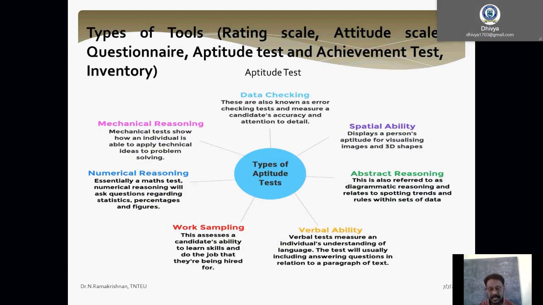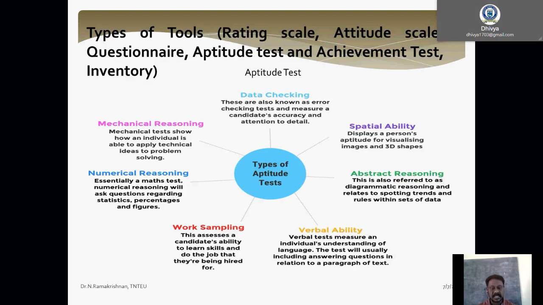Verbal tests measure an individual's understanding of language, and usually include answering questions in relation to a paragraph of text. Normally we see these types of tests in bank examinations. Work sampling assesses a candidate's ability to learn skills and do the job they are being hired for, and they select people through it.